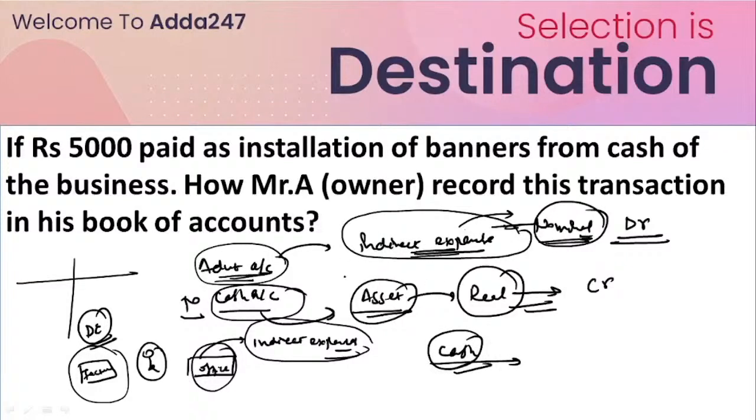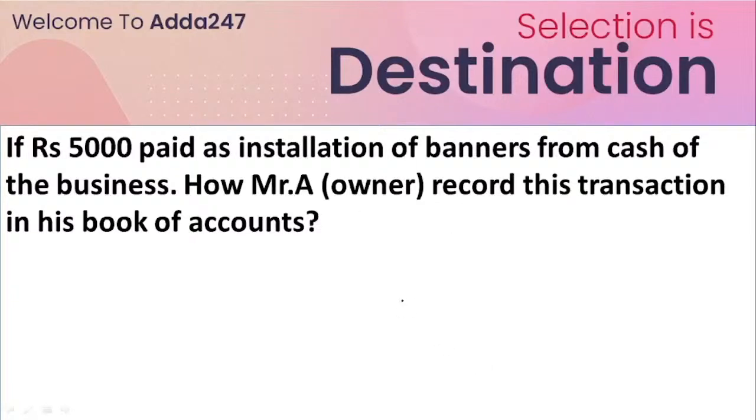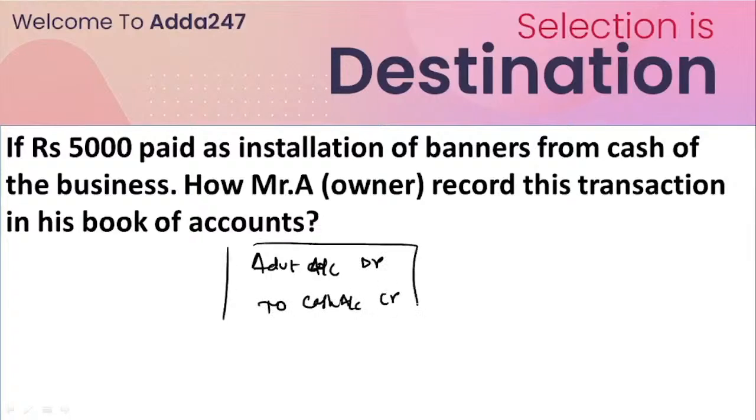So in this question, how will we make the debit and credit entries? Look, in this question, the advertisement account should be debited, to cash account, which should be credited. This is how we will make the entry of this transaction.